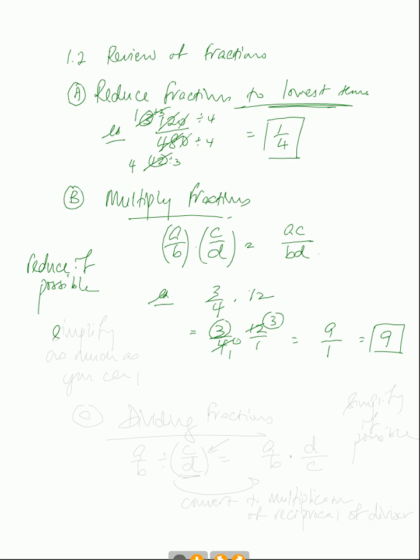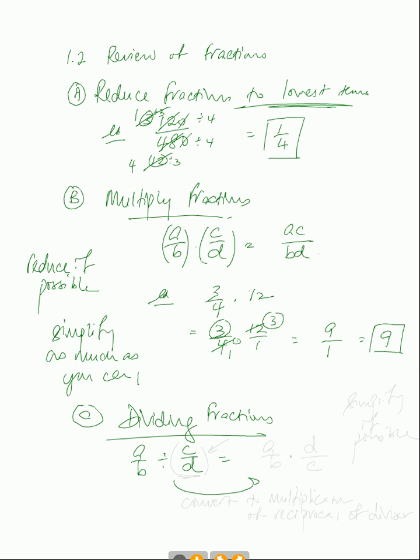So always simplify as much as you can. Okay, that's the final answer you should stop at. The next rule is, what about dividing fractions? Dividing fractions is where you have to remember, you first convert division into multiplication. But in doing so, you take the reciprocal of the divisor, which is the second fraction.